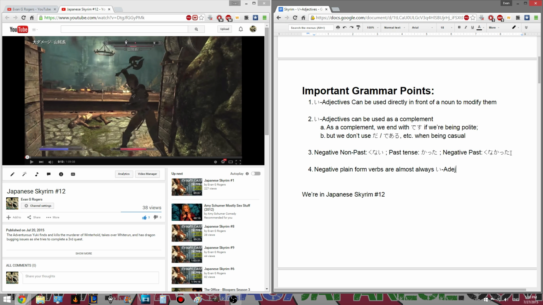That's going to come up a lot as well. For example, if we take taberu and turn it into a negative form, we get tabenai. Notice what that last thing is right there. E. Yeah, we got an E right there. It's an e-adjective. Okay, I'll stop doing that.